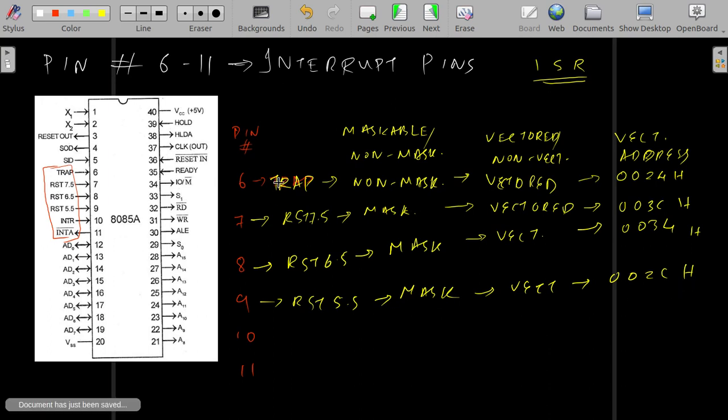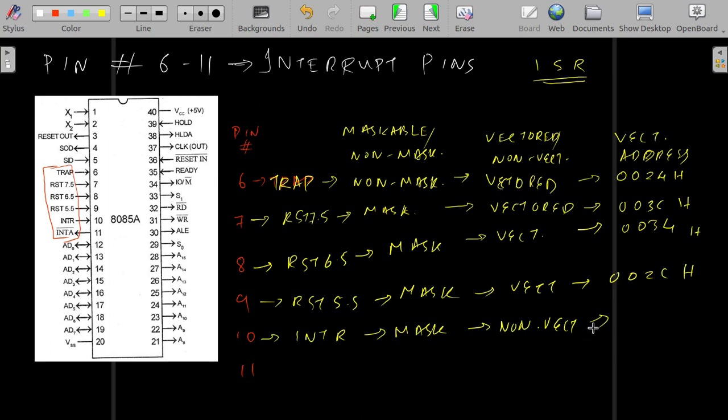If you look here, these three, RST 5.5 to 7.5, are very similar. They are all maskable, vectored interrupts, the only difference being the vector address. TRAP is a non-maskable vectored interrupt. The next one is INTR. INTR is a maskable, non-vectored interrupt.